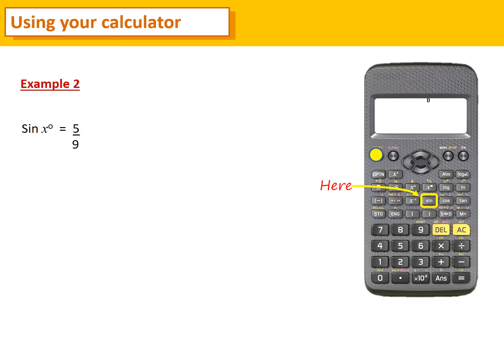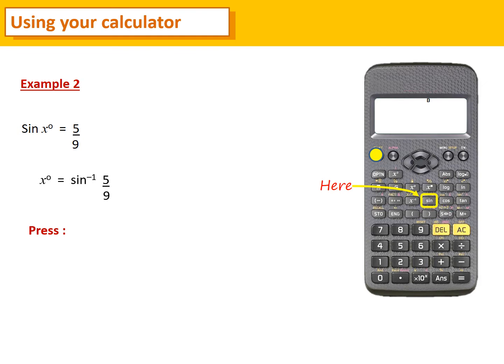In example 2, we are given that the ratio between the opposite side and the hypotenuse is 5 to 9. Therefore, x, our angle, is inverse sine. Remember, that's sine to the -1 means inverse sine of 5/9.